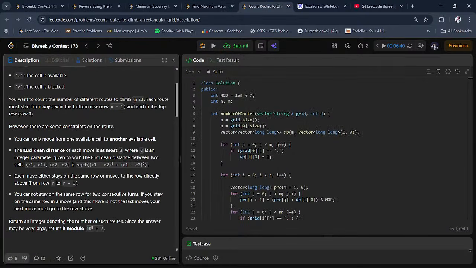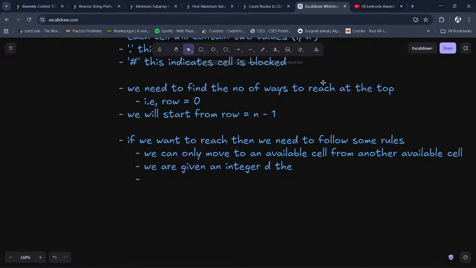This is the one thing. The second rule is that the Euclidean distance of each move is at most d. I hope you know what Euclidean distance is.